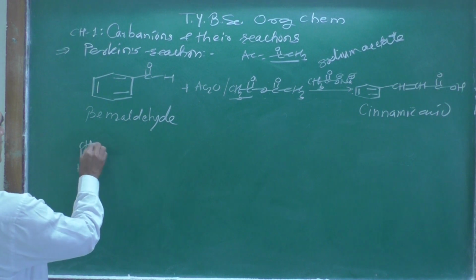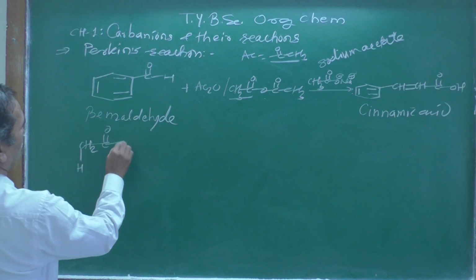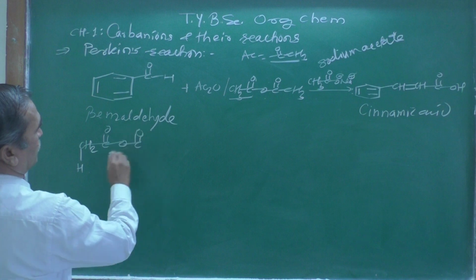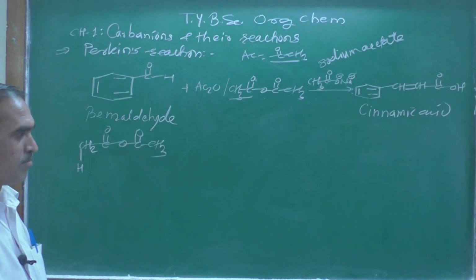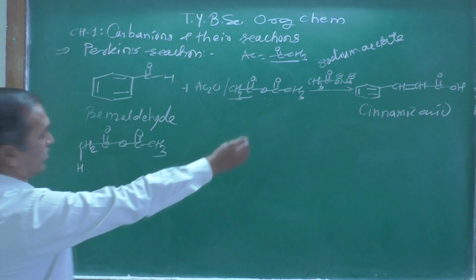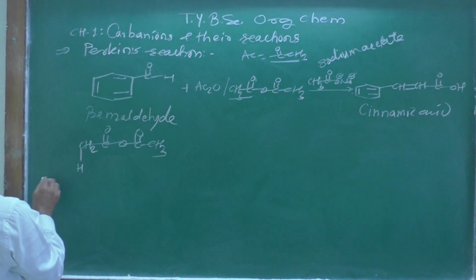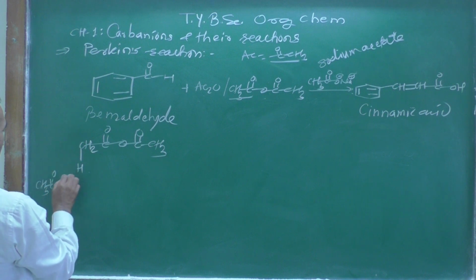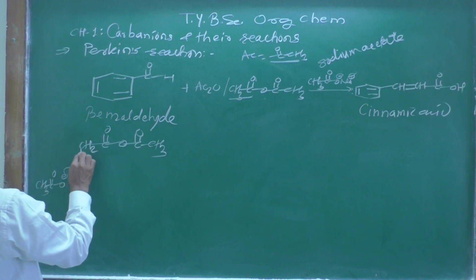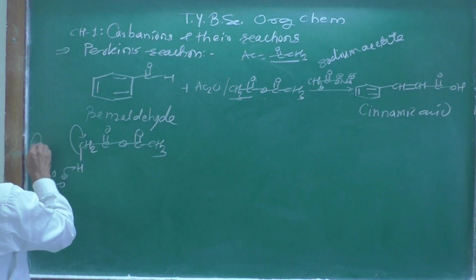H, then C double bond O, C double bond O, then CH3. Look at the mechanism, observe the mechanism carefully. Then sodium acetate, CH3 C double bond O minus, will pick up the proton from here and form the carbanion.